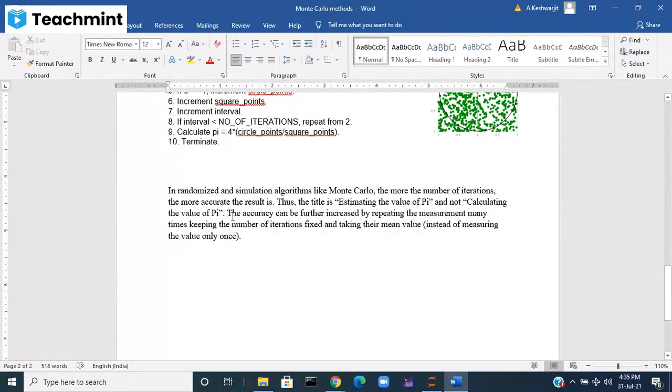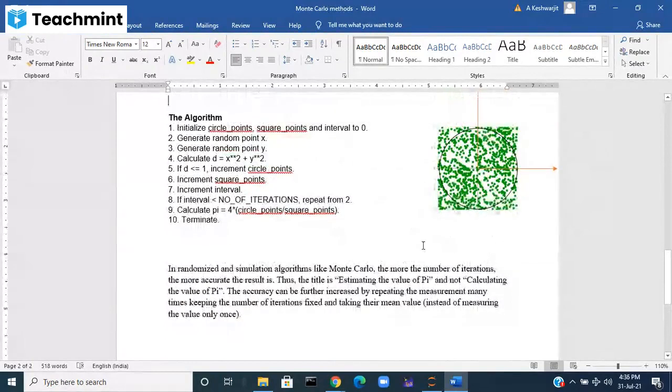The accuracy can be further increased by repeating the measurement many times, keeping the number of iterations fixed, and then taking their mean value. I generate 1000 points which lie inside this square.